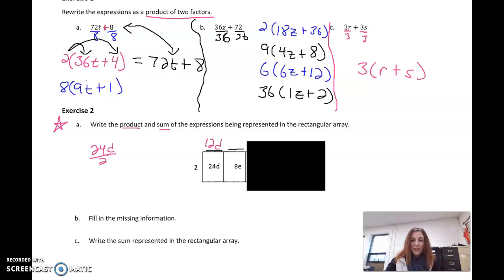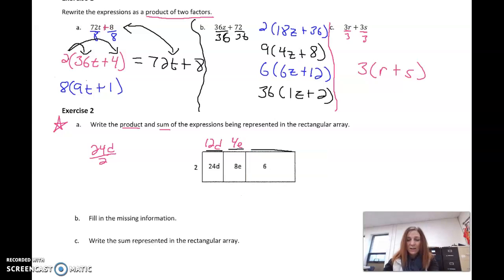I want to go 2 times what equals 8E, or 8E divided by 2? Well, that would be 4E, right? And then 2 times what equals 6? 3. Okay. So this missing information right here, this side length, has to be 2D plus 4E plus 3.